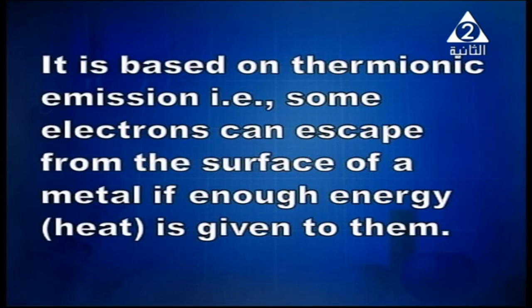That's to say, some electrons can escape from the surface of a metal if enough heat is given to the surface. So the idea is based on thermionic emission of electrons, when we raise the temperature of the metal.